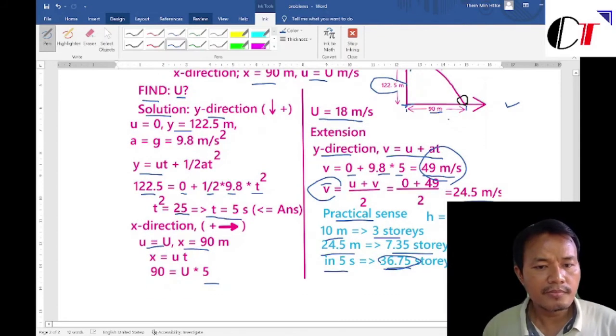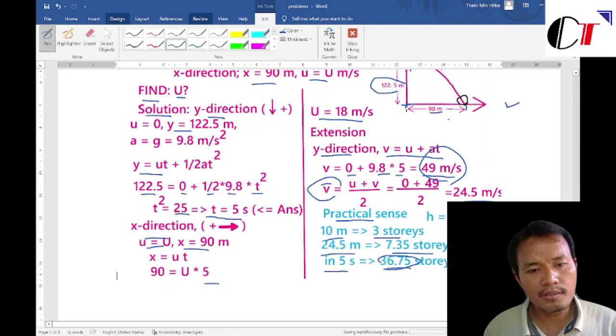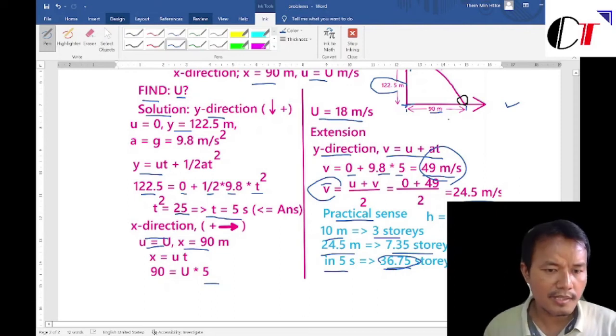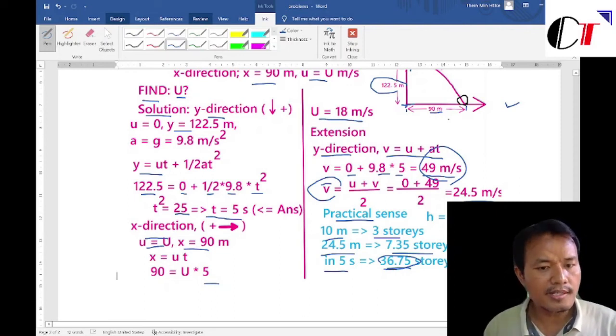And now you will substitute the time t in the x direction equation so that you will get the initial speed of the object. In the x direction, as a sign convention, we will take positive if the object moves to the right. So your initial velocity is u meter per second, and the distance is 90 meter.